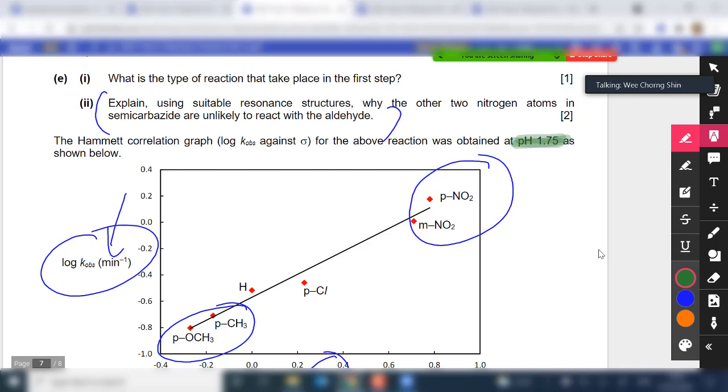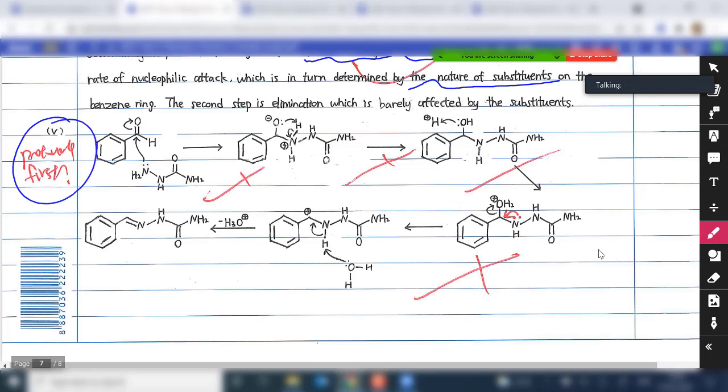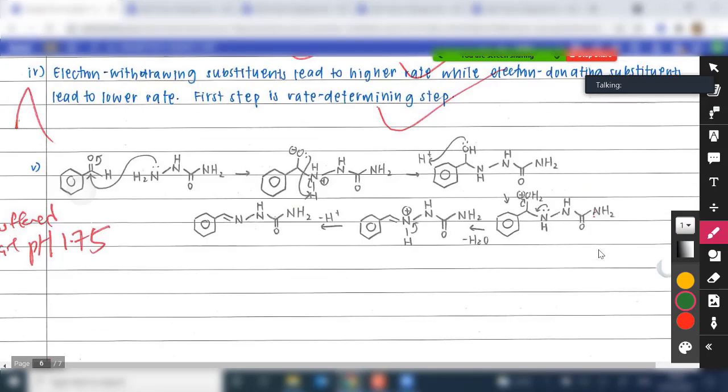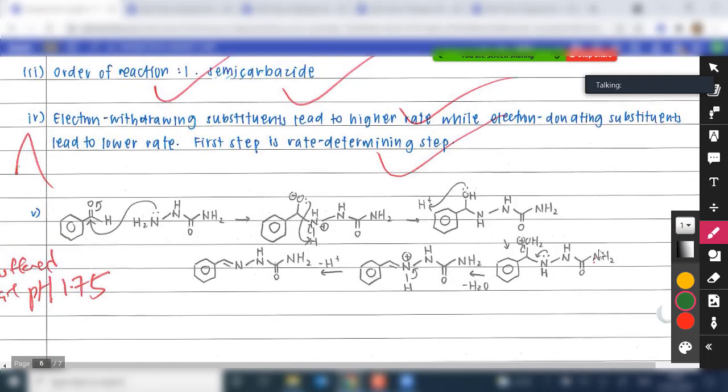Yeah. So acid. So protonate first. Yeah. So everybody made the similar mistake.